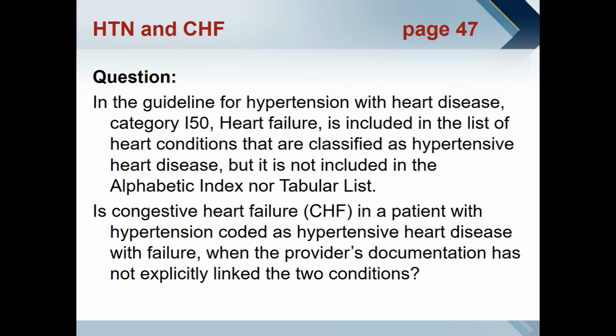The question posed is: is congestive heart failure in a patient with hypertension coded as hypertensive heart disease with failure when the provider's documentation has not explicitly linked the two conditions?